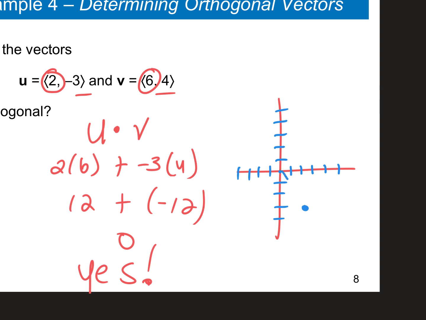And then over 6: 1, 2, 3, 4, 5, 6. And then up to 1, 2. There's vector v. Do you notice, if I drew this correctly, how would they meet? At a right angle. I did the best I could. And then, what is this? That's the angle in between.